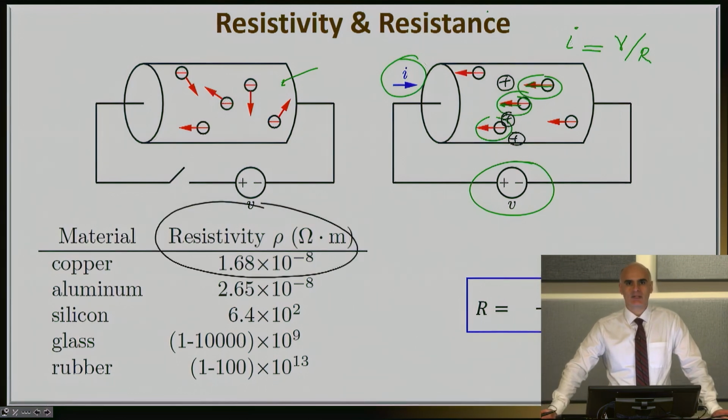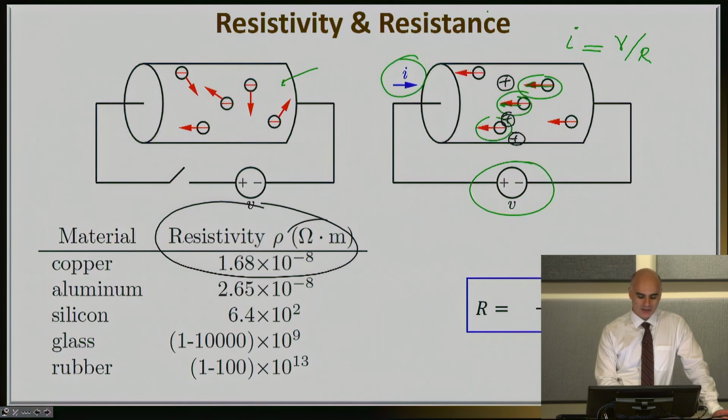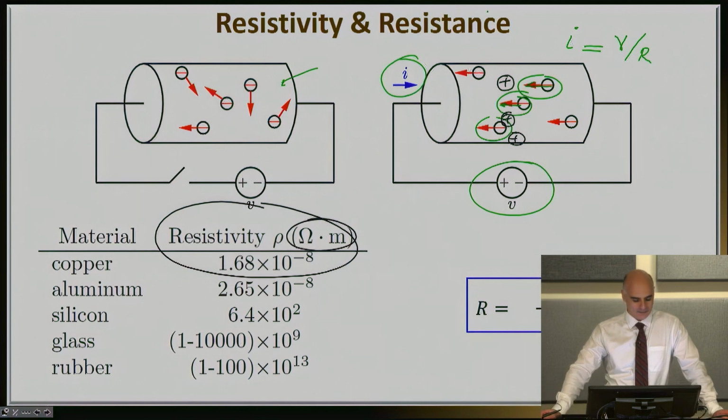So every single material can be characterized by its resistivity, which is measured in units of ohm meters. Essentially, this is a number that tells you how easily current can flow for a given amount of voltage.